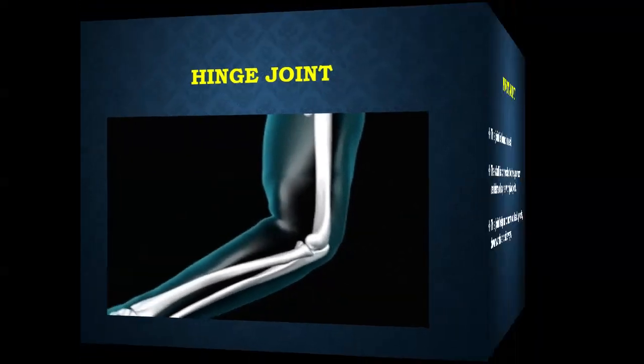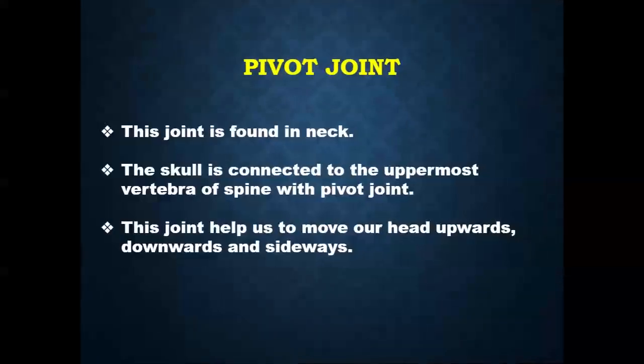Children, now we have the pivot joint. Pivot joint is found in the neck, and the skull is connected to the uppermost vertebrae of the spine with the pivot joint. So it is found in the neck region, and this joint helps us to move our head upwards, downwards, and sideways.